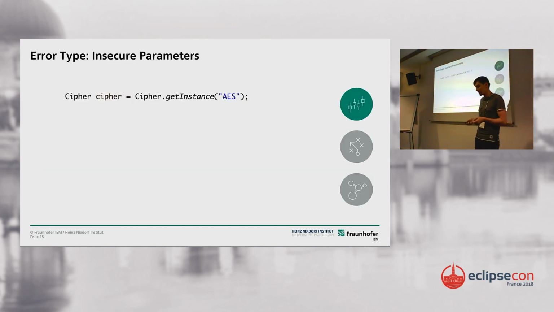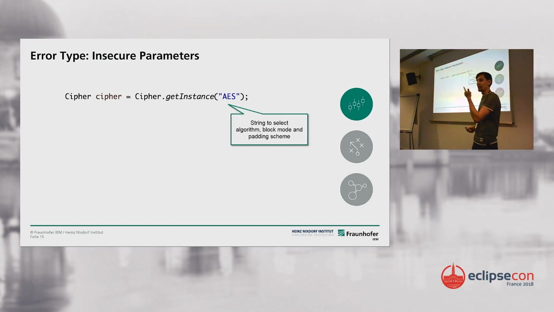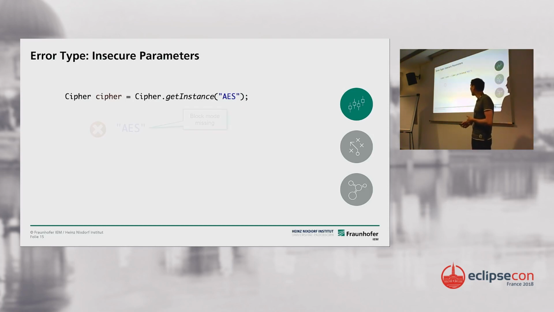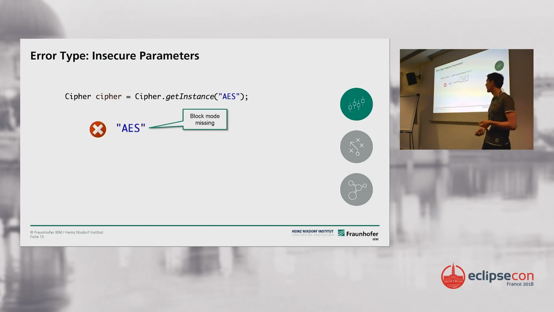So let's start with the first error type, the insecure parameters. So we just saw this cipher getInstance call with the string parameter as argument. And as Stefan told us, we have to supply the algorithm, the block mode, and the padding scheme to it. And if you don't do it correctly, CogniCrypt will output an error marker. The first string that you see here misses the block mode.